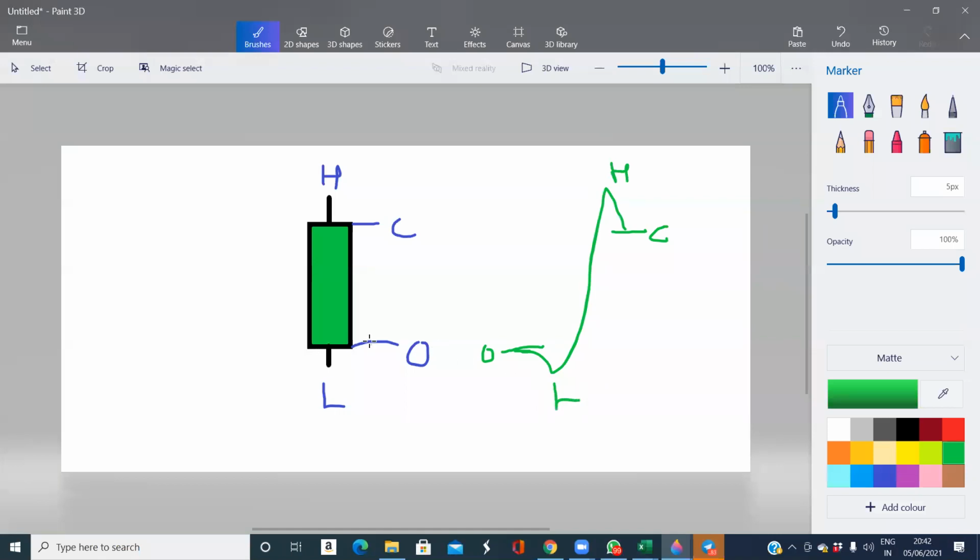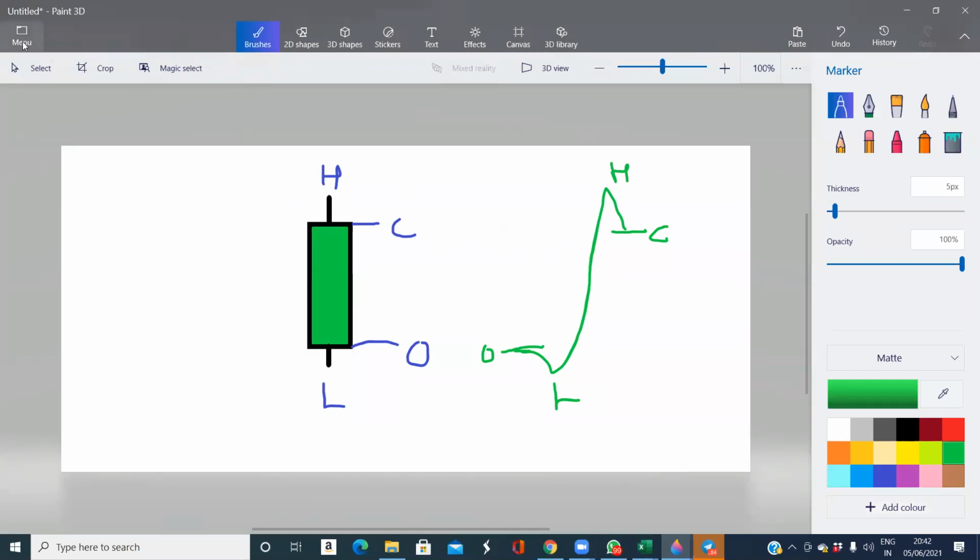Okay, so if you draw the candle, it will be like this. Understood, guys? Open, close, high, low. So if we draw the candle of this pattern, it will be like this. Clear? Yes, okay. So this is for the green candle.